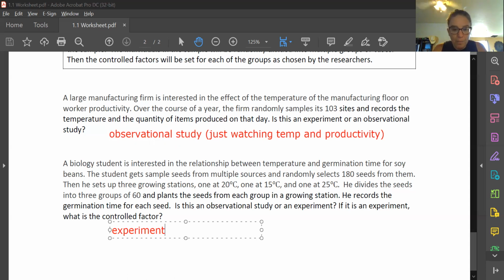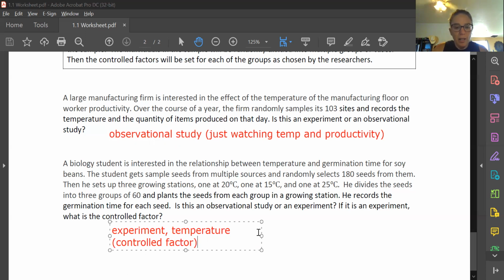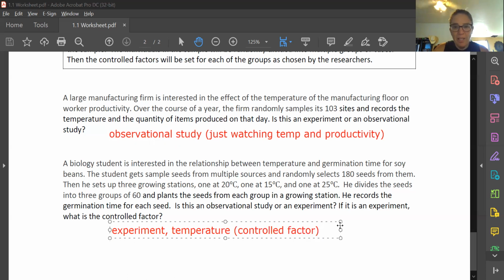And so the controlled factor is temp. The control factor is not the germination time because he is not controlling the time. He is controlling the temperature. But this is an experiment because he has that power. He's telling the seeds what to do.